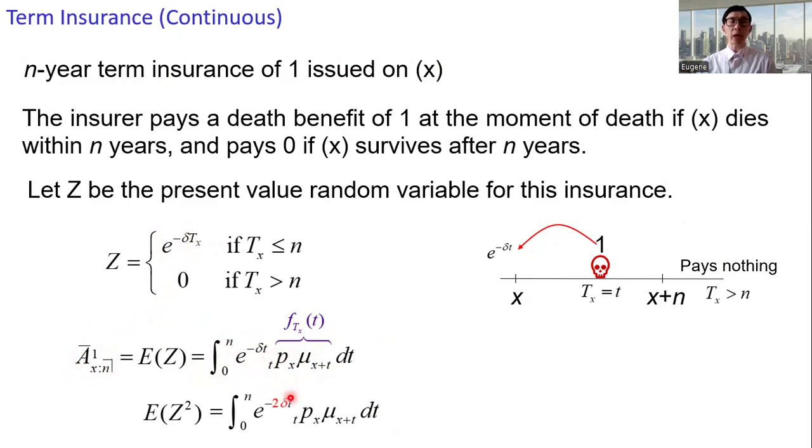Therefore, for the corresponding actuarial notation, we simply put a pre-superscript 2 with the big A bar notation. And then for the variance, the usual definition: the expected value of Z squared minus the square of the expected value of Z.